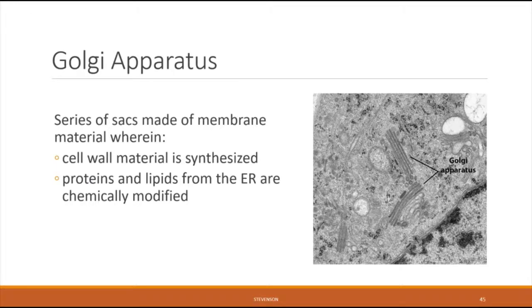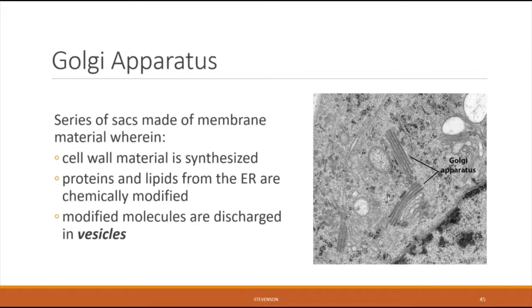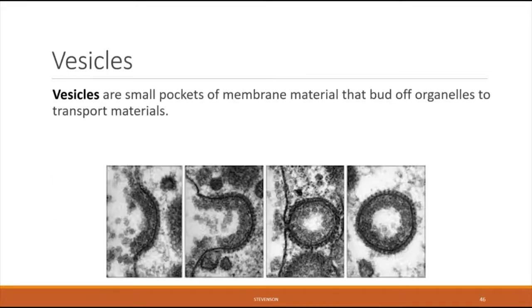The Golgi apparatus spits out the molecules that it modifies in these pockets of membrane material called vesicles. Vesicles, which you can see here, are defined as pockets of membrane that bud off of organelles or the larger cell membrane to transport materials.